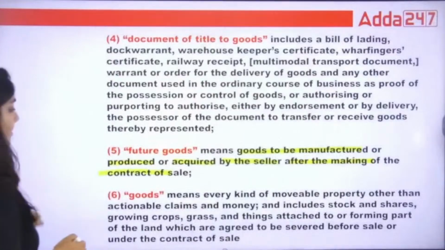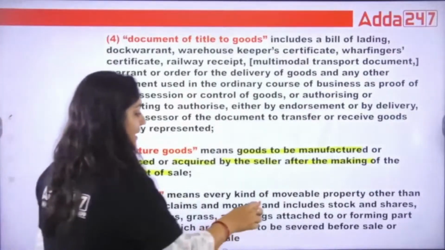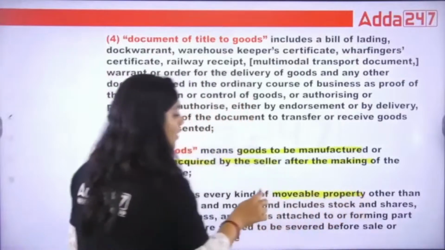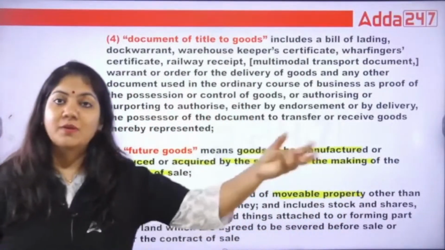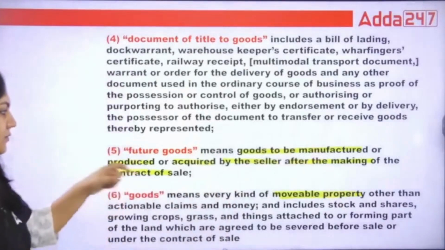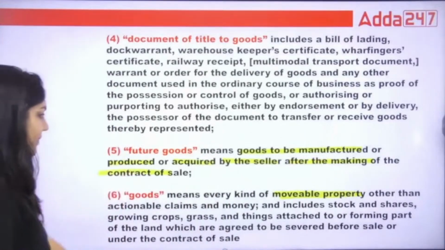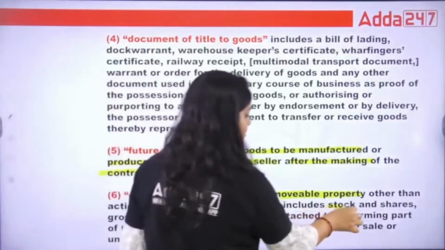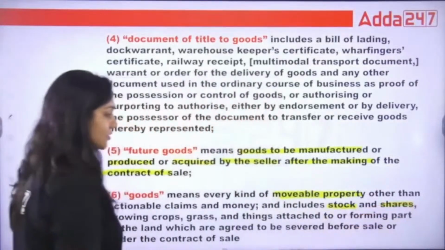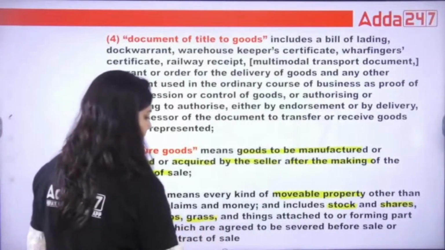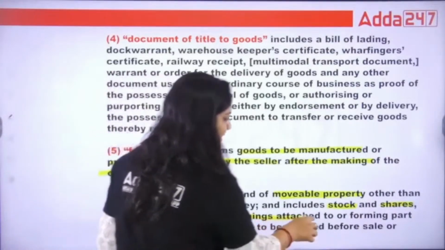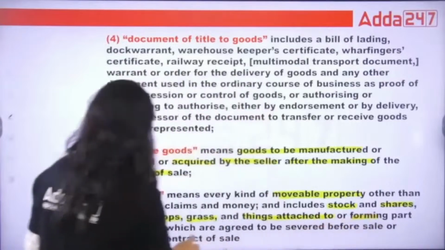Now, what is goods? This is important. Goods means any movable property. What is movable property? The property which can be moved from one place to another place. So movable property includes stock, share, this is also movable, growing crops movable, grass movable, things attached to and forming part of land.